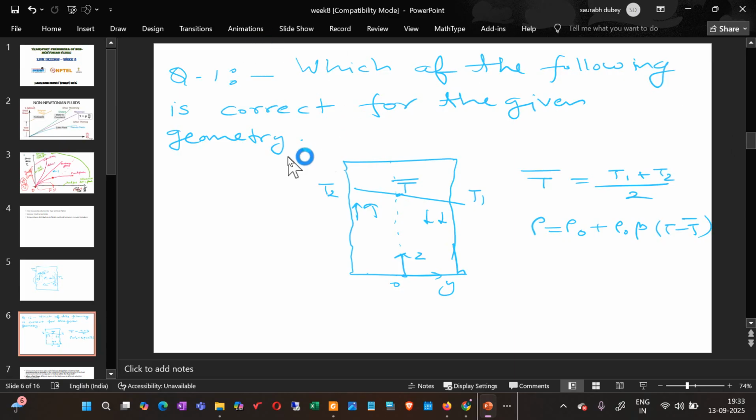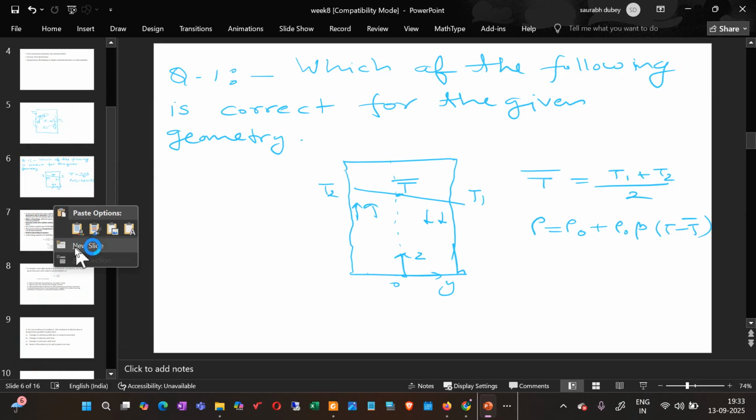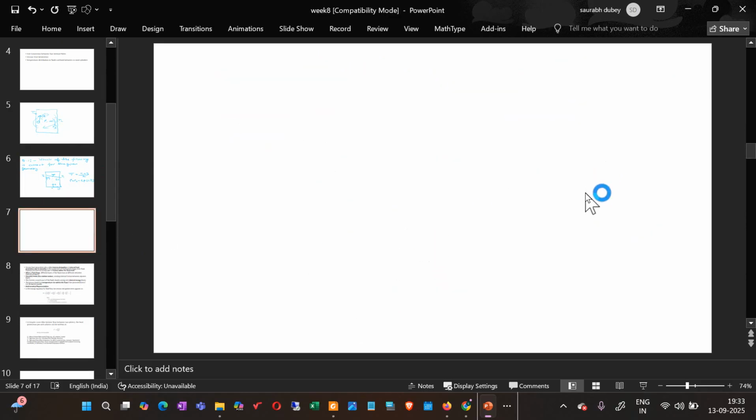So question 1A is the expression for the temperature distribution.